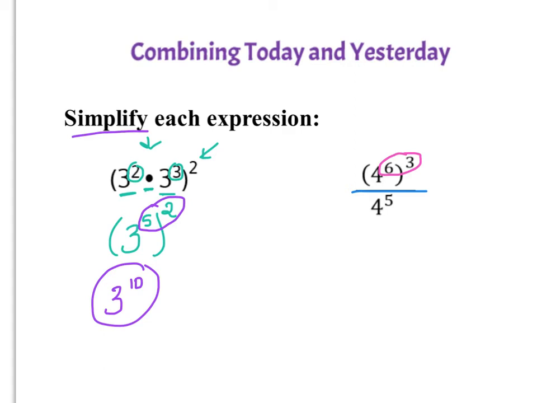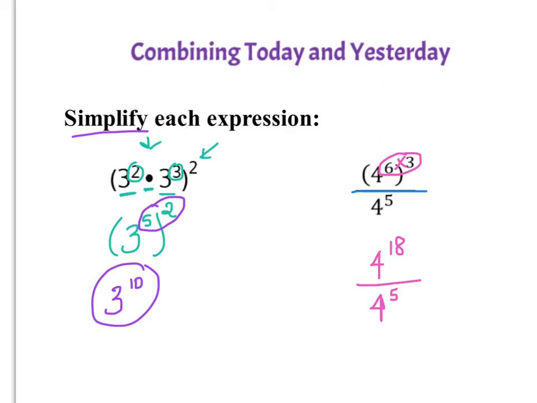So 4 to the 6th power, then raised to the 3rd power. I'm going to multiply my exponents. So this is going to be 4 to the 6 times 3, which is 18. So 4 to the 18th power divided by 4 to the 5th power.